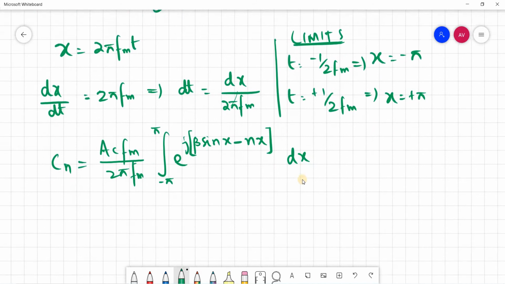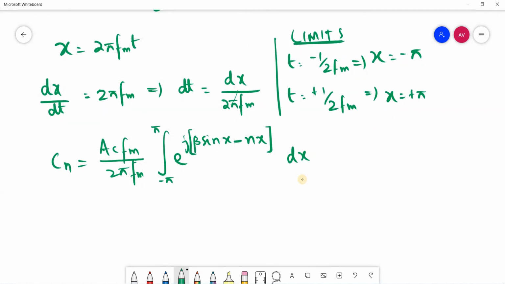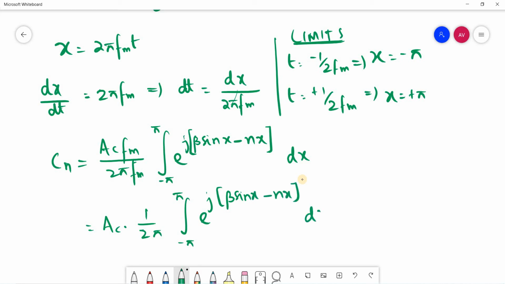In this, the fm and fm get cancelled. So I can once again rewrite this. It is AC into 1 by 2 pi times the integral from minus pi to pi of e power j beta sin x minus nx dx.